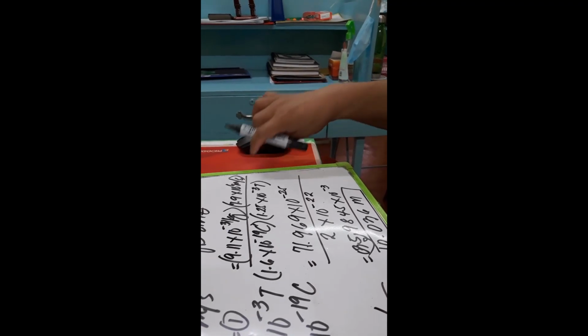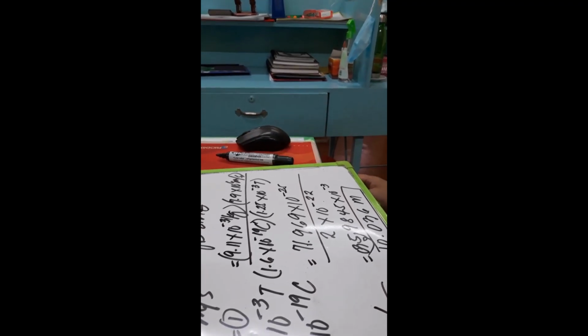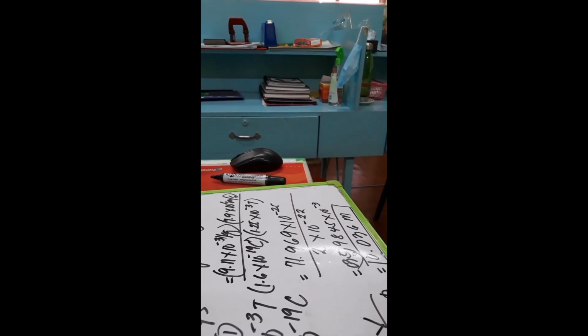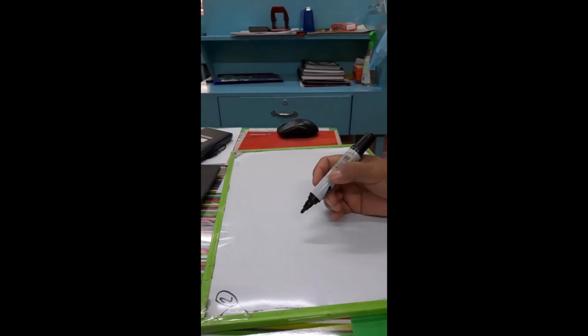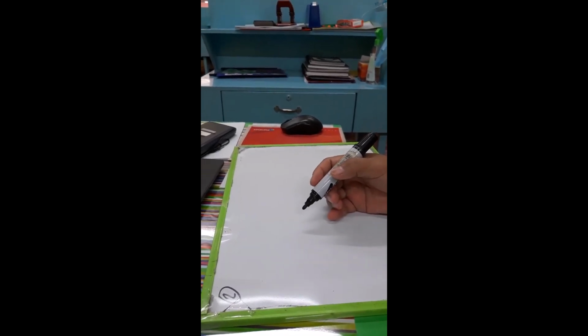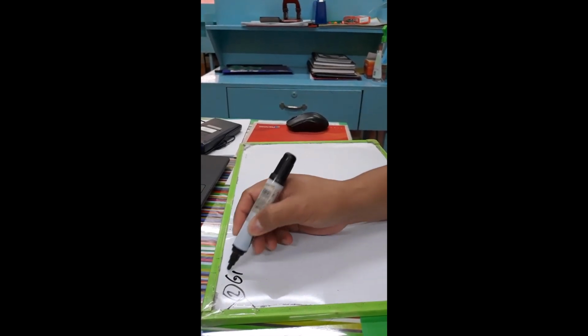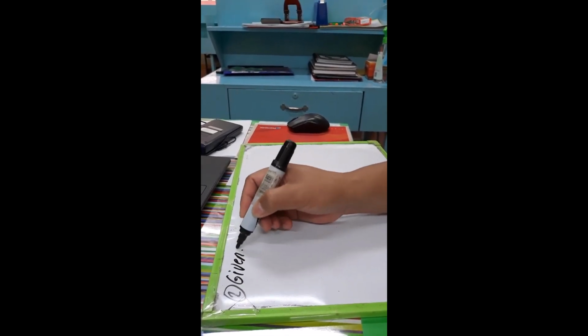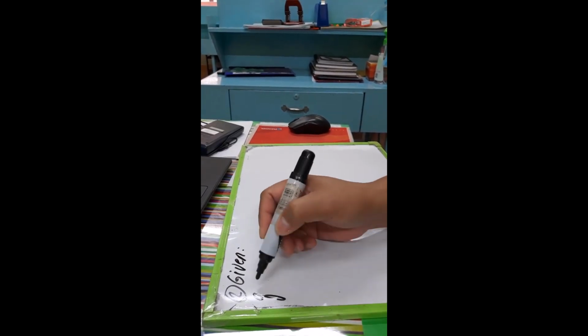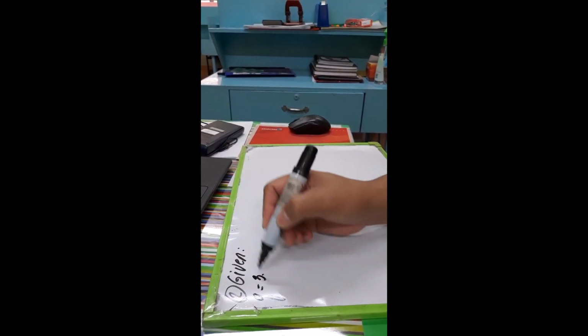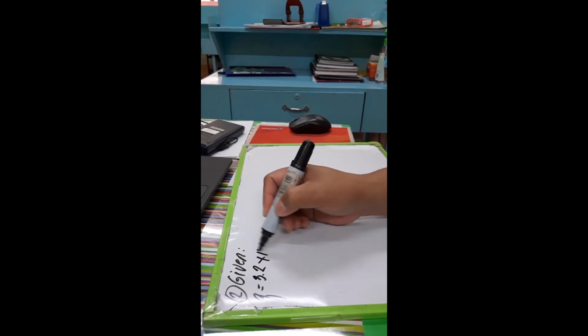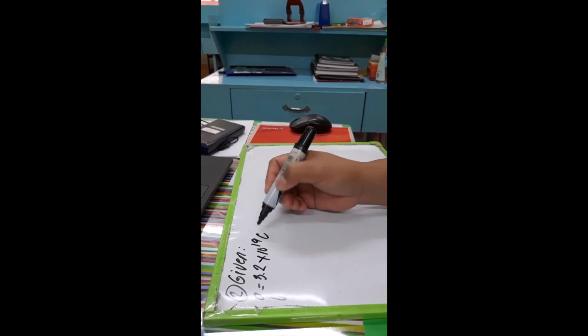We will try to solve the problem in number 2. So we will now proceed to our problem number 2. So we will identify the given in problem number 2. So the given, we have our electric charge, which is 3.2 times 10 raised to 19 coulomb.